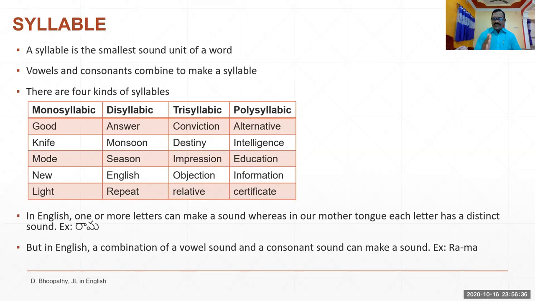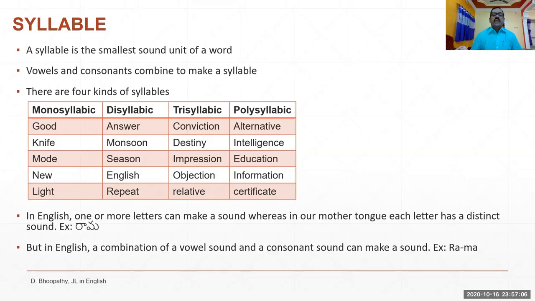Let us see something with which we can understand syllables easily. In English, one or more letters can make a sound. For example, Ramesh: R-A, 2 letters, 1 consonant, 1 vowel, but giving a single sound, Ra.